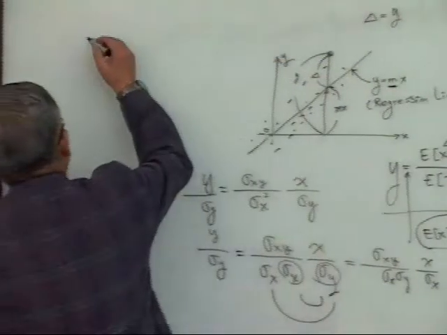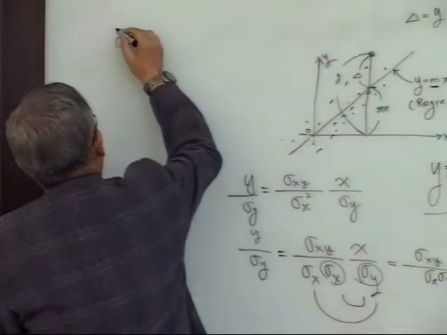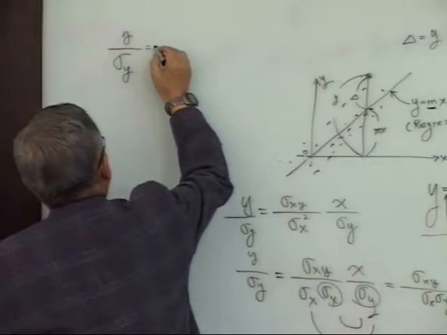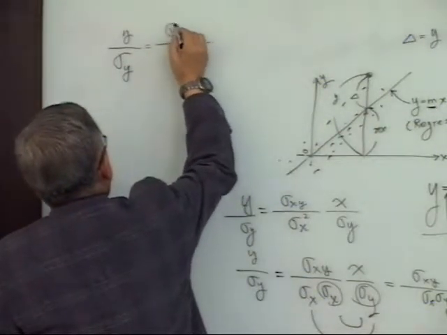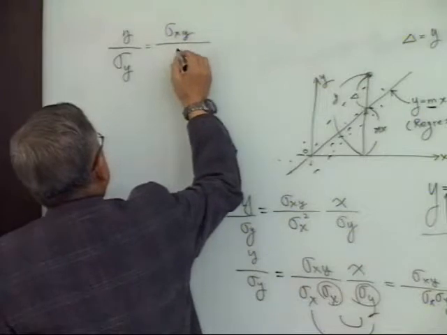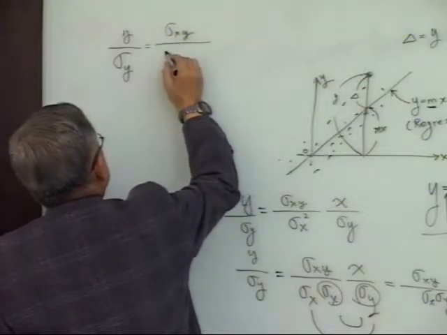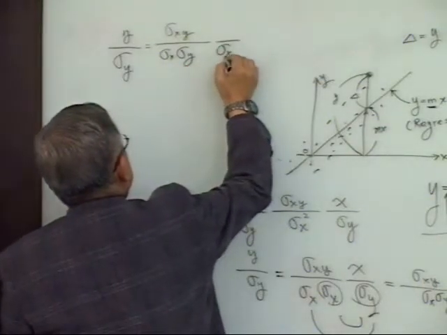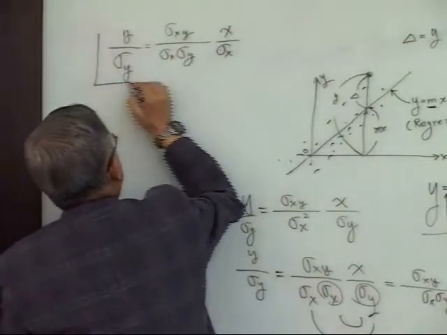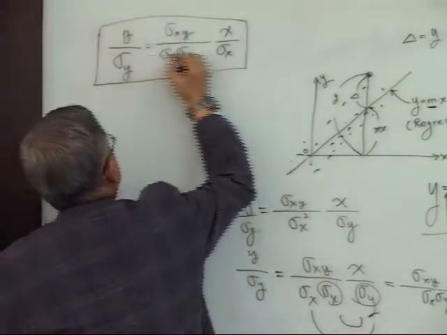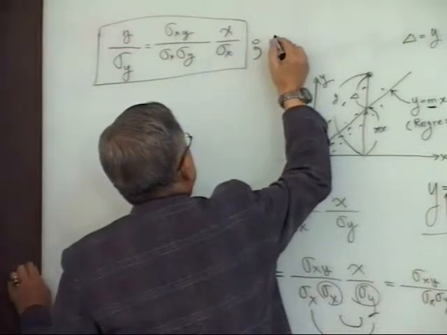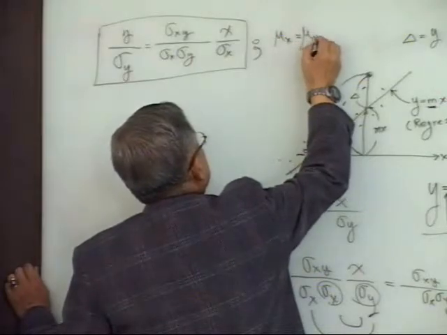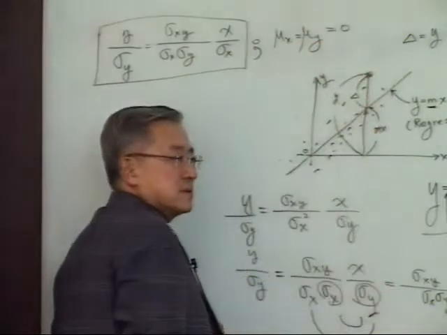So if I rewrite the relation, y over sigma y is equal to the covariance sigma xy over sigma x sigma y, times x over sigma x. As a reminder, mu x and mu y are equal to 0.